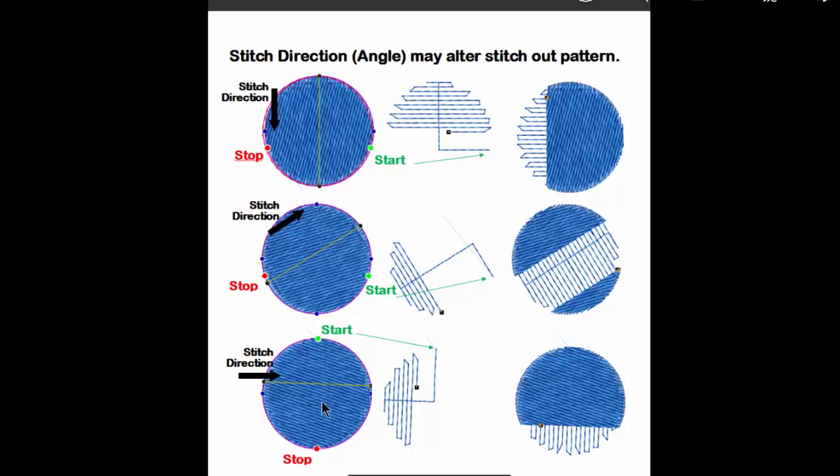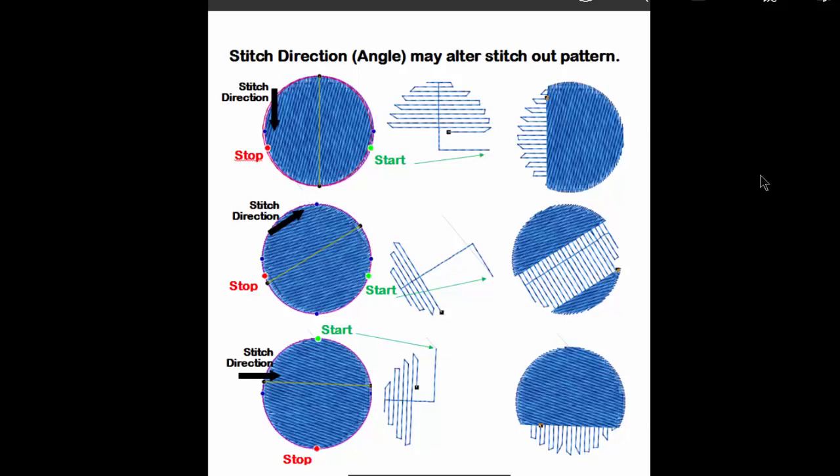If we go to the bottom circle, we make the stitch direction horizontal. The start is at the top, stop is at the bottom. Your start position is here. It goes through all of the underlay, and then it fills the circle from the top to the bottom.